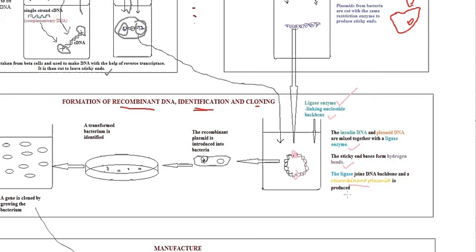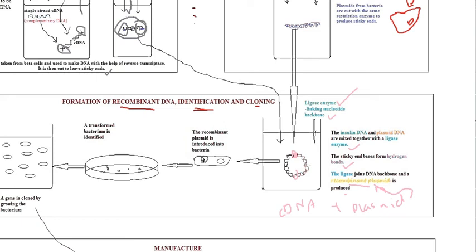So the complementary DNA plus the plasmid gives us the recombinant plasmid. This plasmid is already combined with another thing, which is the complementary DNA. So that's how we get our recombinant plasmid.